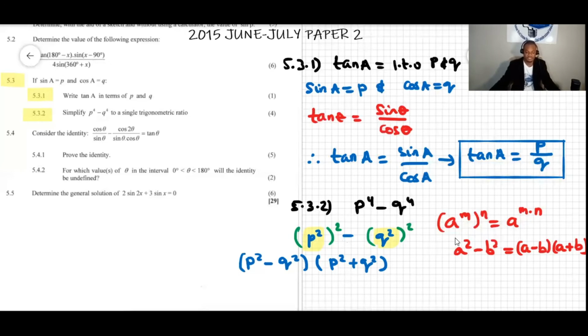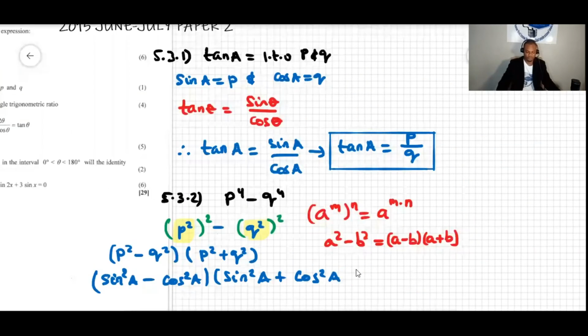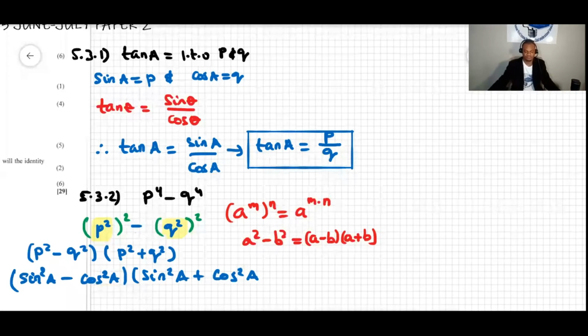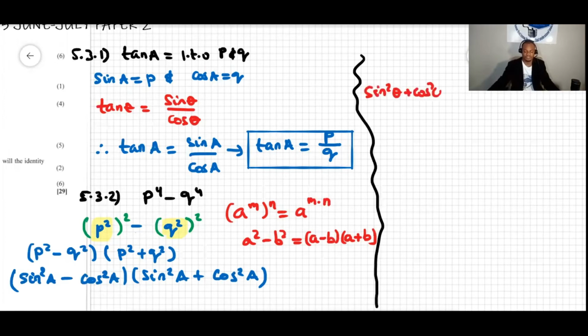P is sine A, so this will become sine squared A minus, q is cos A, so cos squared A, times sine squared A plus cos squared A. We do know this trig identity: sine squared of the angle theta plus cos squared of the angle theta is equal to 1.